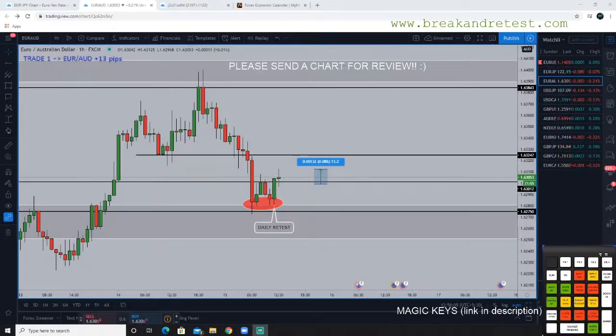My lot size doesn't matter. It's up to you, it's up to your balance. What does my lot size matter? It doesn't matter at all.